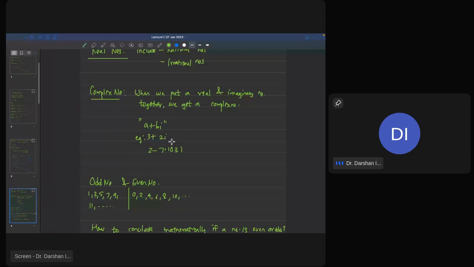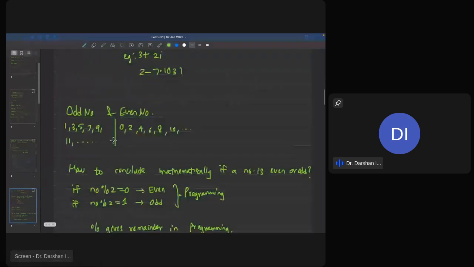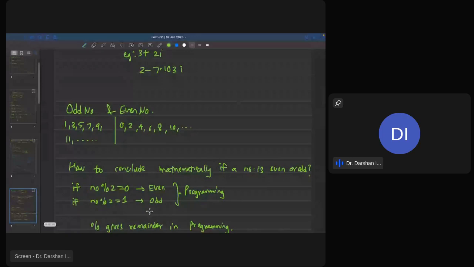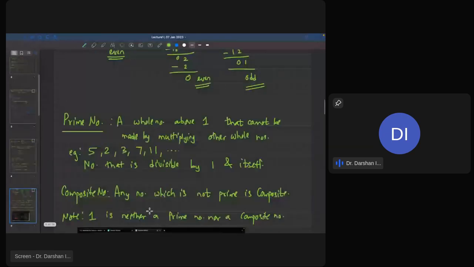Then odd numbers and even numbers. Numbers which when divided by 2 give the remainder 0 are even, and when divided by 2 give the remainder 1 are odd. We proved that. A prime number is a number which is divisible by 1 and itself.